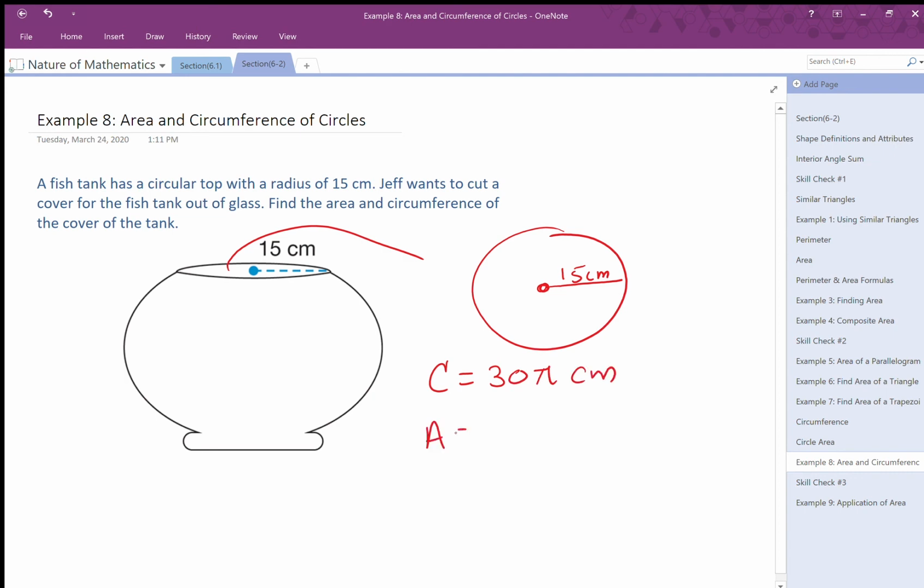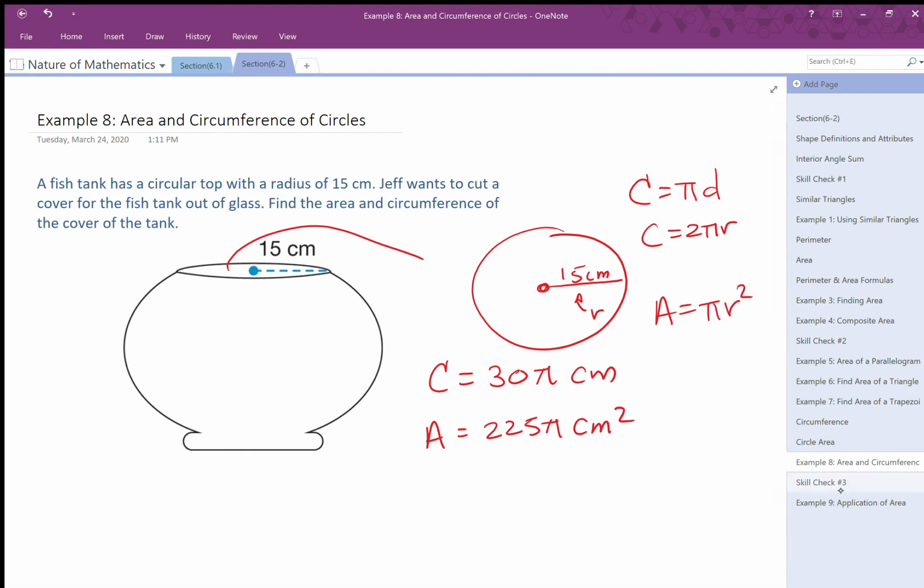The area would be 225 pi centimeters squared. So I just used the formulas there. Circumference is pi times d, or you can say circumference is 2 pi r, and area is pi r squared.